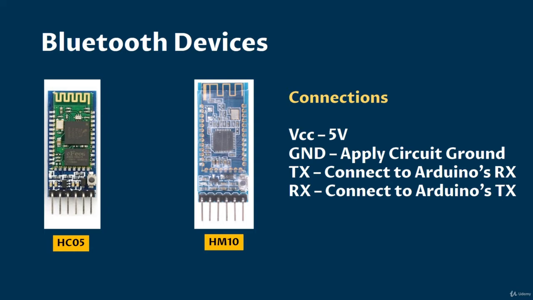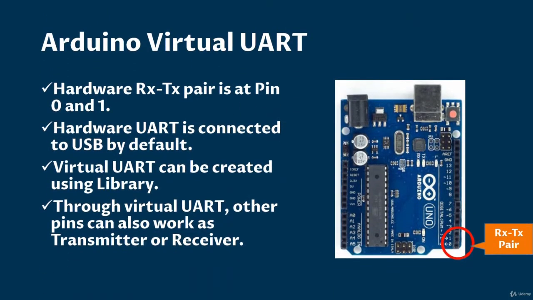In Arduino, there is only one pair of RX and TX at pins 0 and 1. But that hardware UART is connected to the USB port. Still, we can use that, but I'll show you a different approach. There is a library called SoftwareSerial. This is a built-in library.